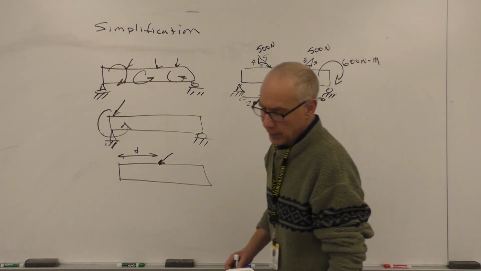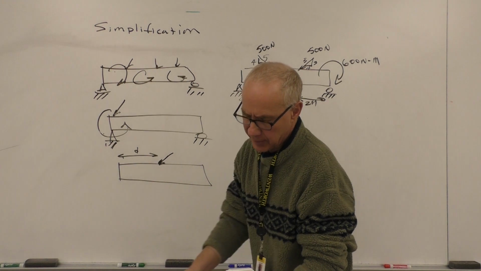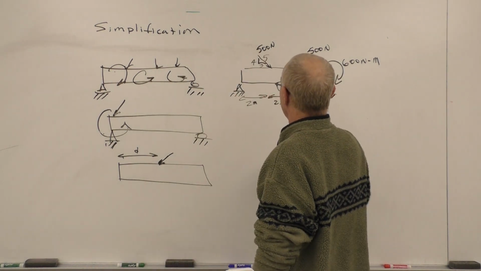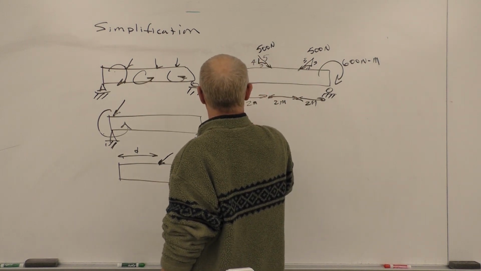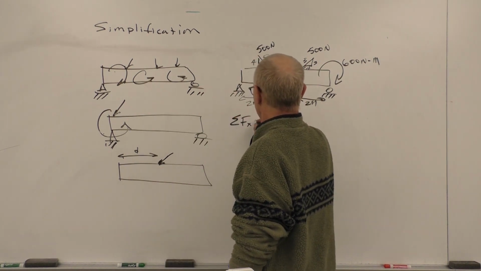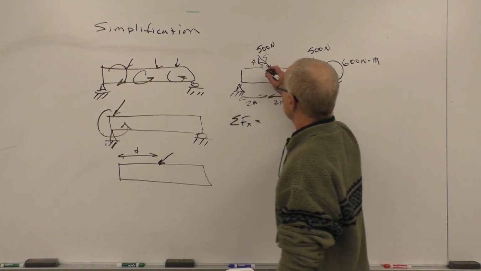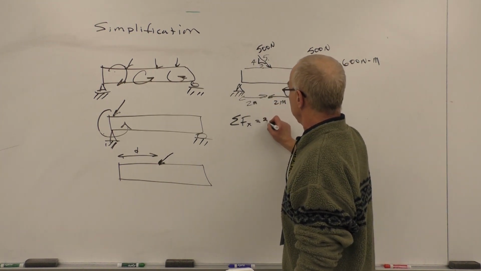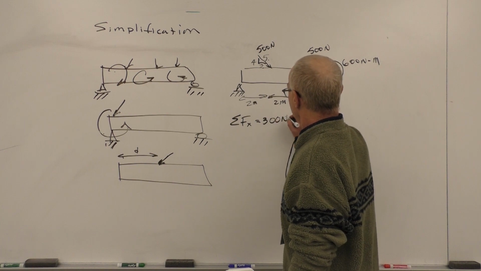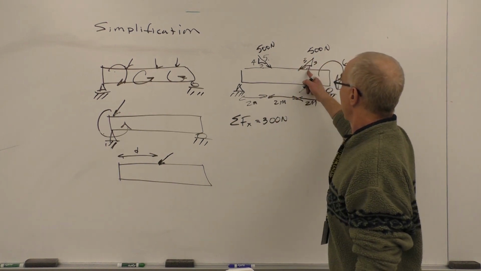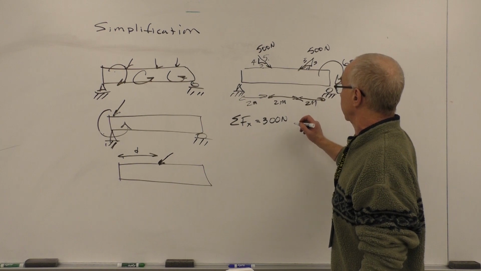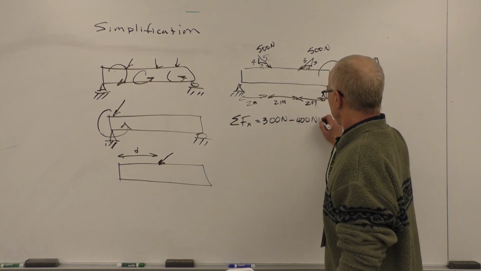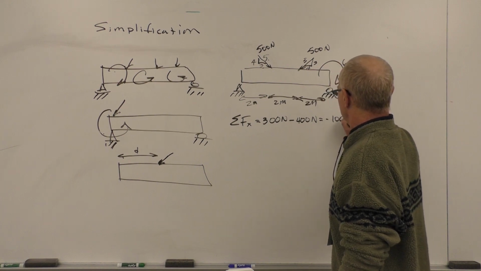All right, so let's get our simplified system. We can just add up all of our x vectors. So the sum of the forces in the x direction equals, in this case, 3 over 5 times 500, which is 300 newtons positive. Here we have 4 over 5 times 500, which is 400 negative, equal to negative 100 newtons.